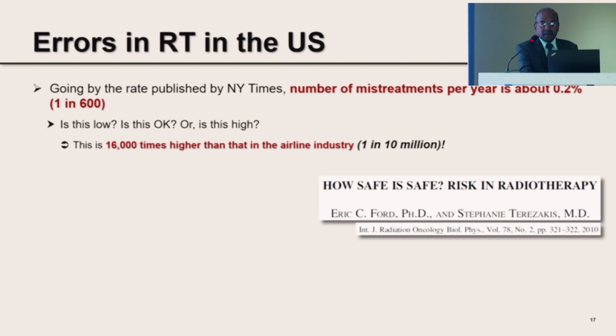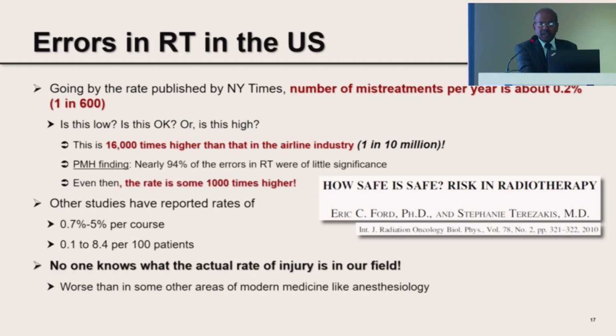16,000 times higher. Even if we accept that most of the errors that happen in radiation oncology are only minor protocol deviations, as this PMH study found out, 95% of the time it is only protocol deviations, even then the rates are about 1,000 times higher than in the airline industry.